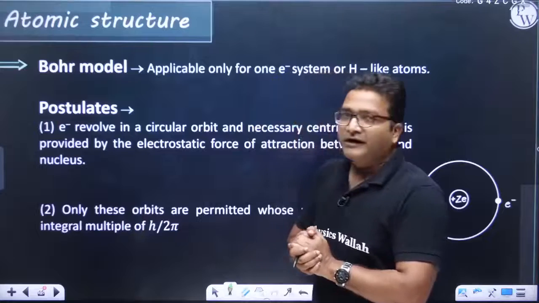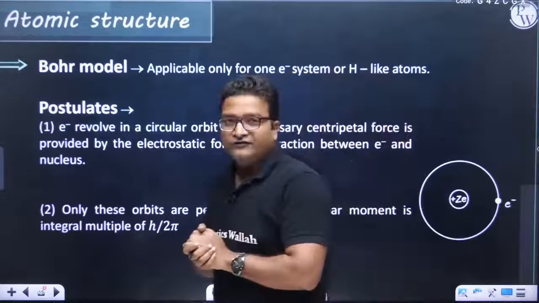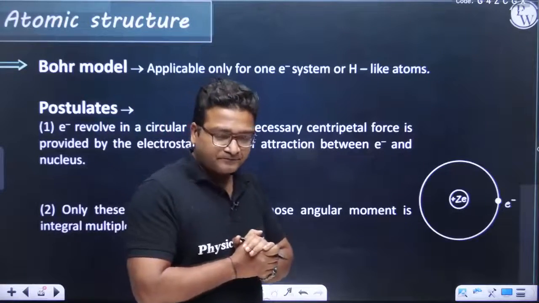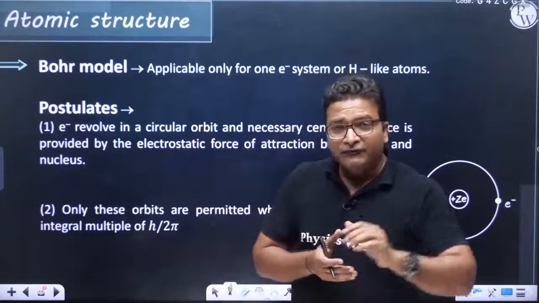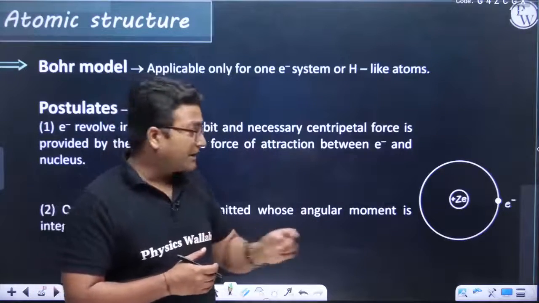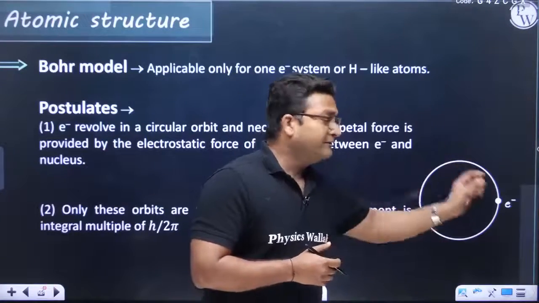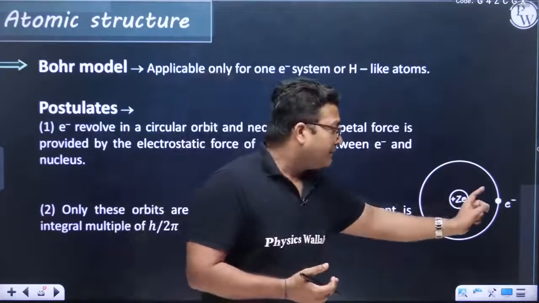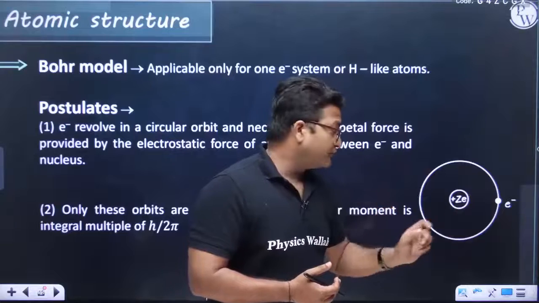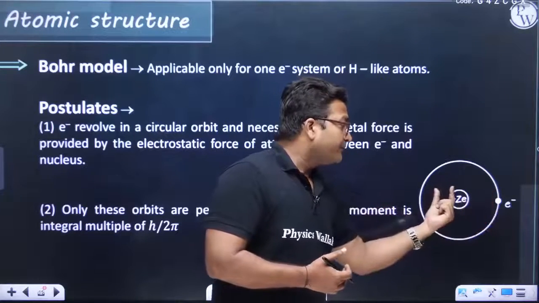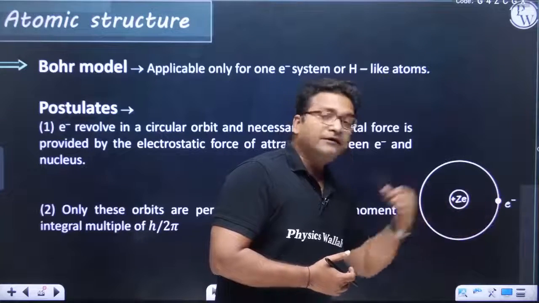Okay, so let us now understand what are the main postulates of Bohr's model. There were two actually. Bohr said every electron, or the one electron which revolves around nucleus, moves in a circular orbit, just like Rutherford's, and the required centripetal force comes from the electrostatic attraction between the nucleus and the electron.